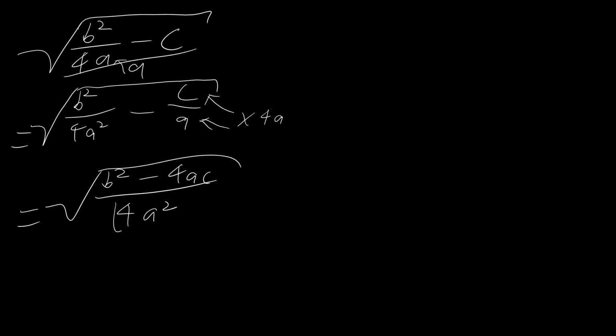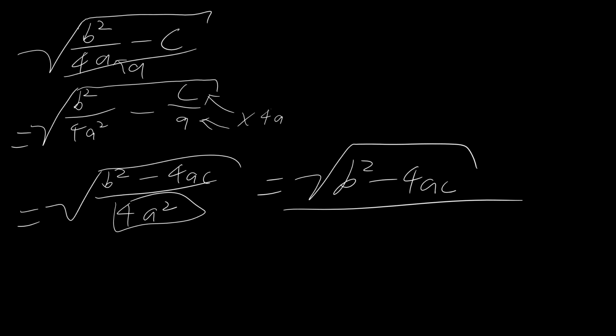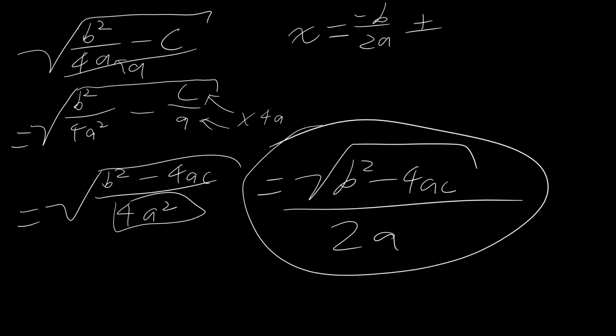This is a square number, so it can come outside the radical, leaving a discriminant of root b squared minus 4ac over 2a. And therefore x, we said before, is negative b over 2a plus or minus this.